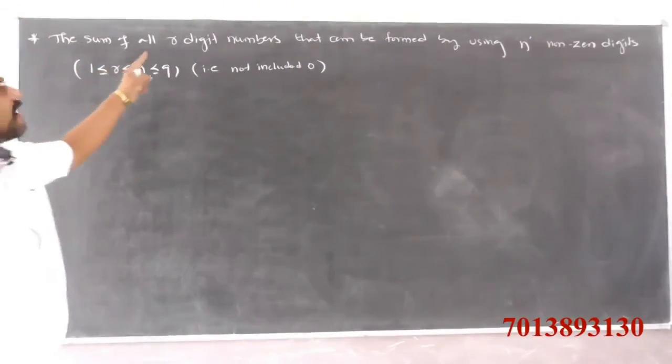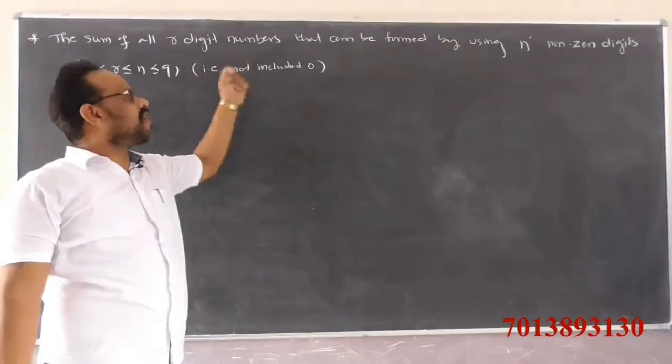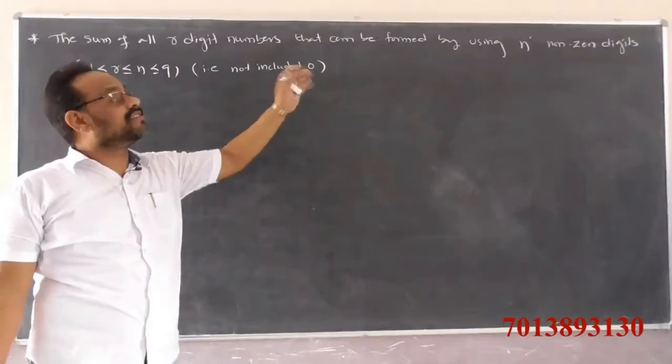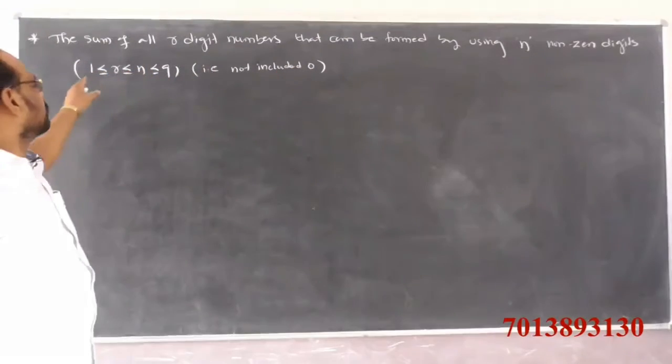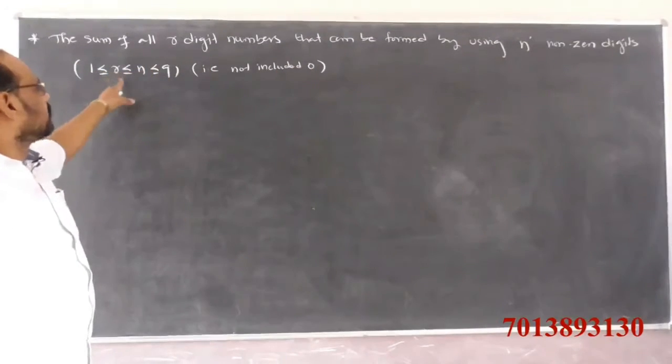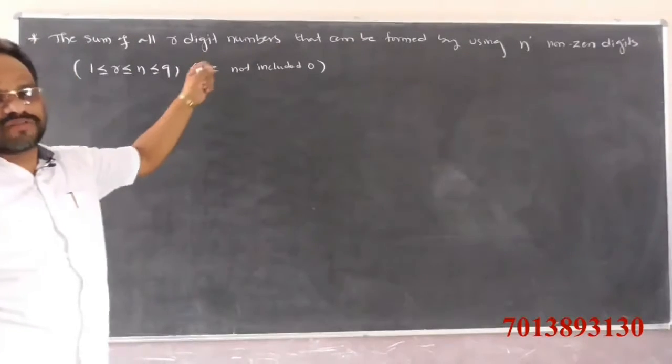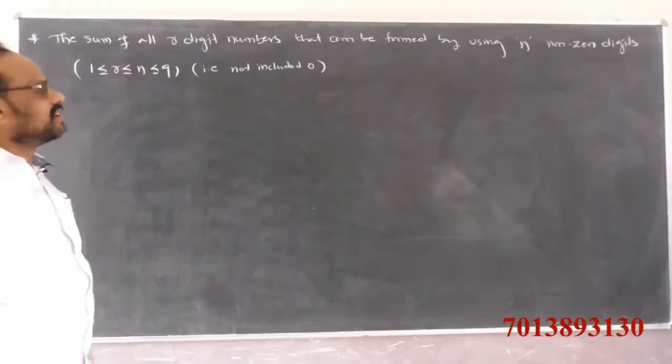The sum of all r-digit numbers that can be formed by using n non-zero digits, that means 1 is less than or equal to r is less than or equal to n is less than or equal to 9, not including 0.